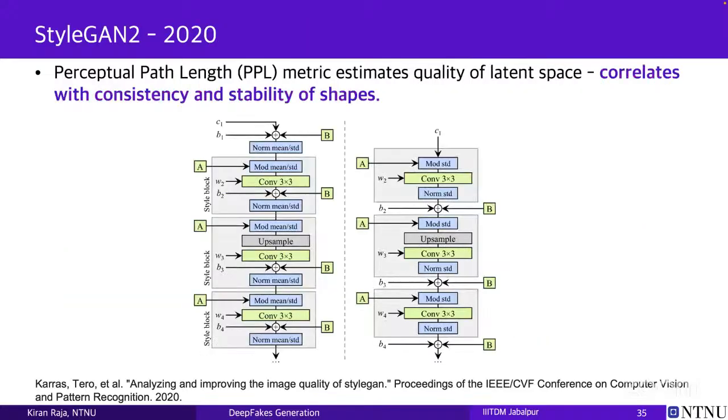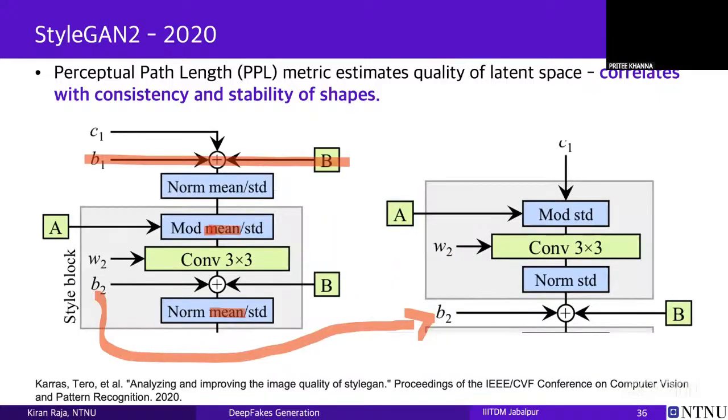Then the authors came up with the second paper, where they introduced something called perceptual path length, which correlates the consistency and stability of the shapes. If you recall the architecture of StyleGAN 1, it's very similar, except some blocks have been moved up and down.